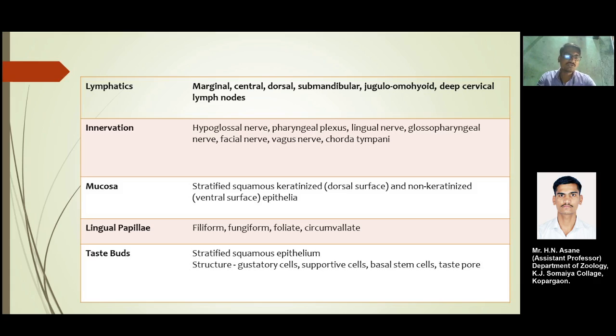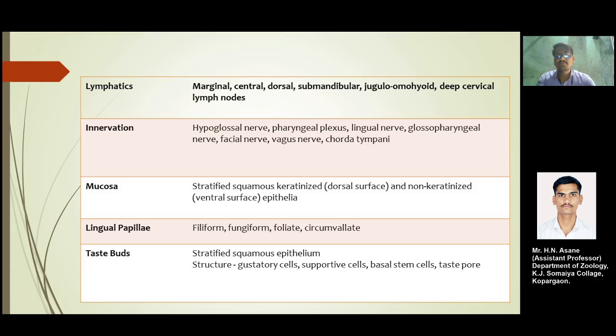With the mucosa, stratified squamous keratinized and non-keratinized epithelia are seen, performing their functions, with the stratified squamous keratinized on the dorsal side and the non-keratinized cells on the ventral surfaces.